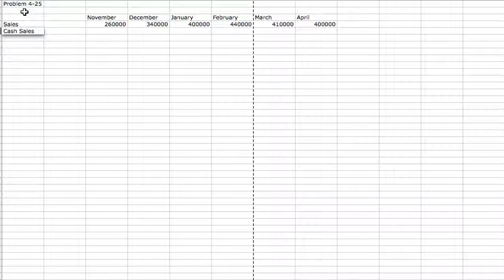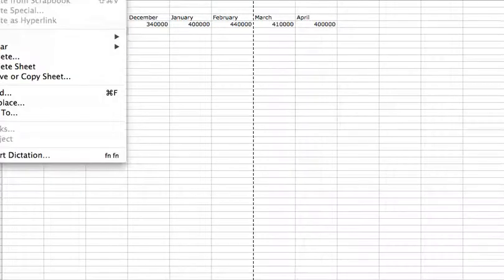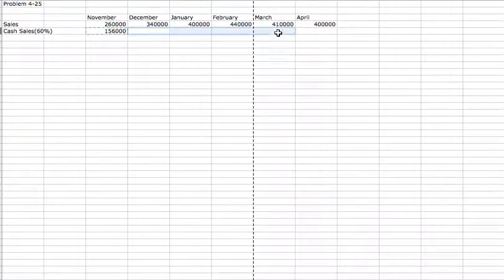They should be at 60% of total sales. So that's as easy as just taking total sales and multiplying it by 0.6 to calculate the cash that we received.